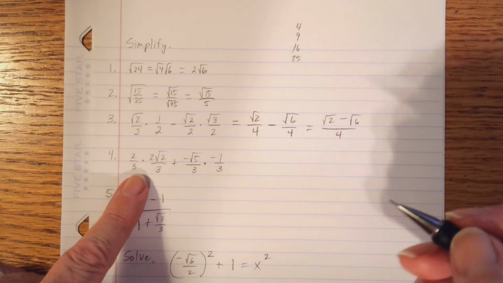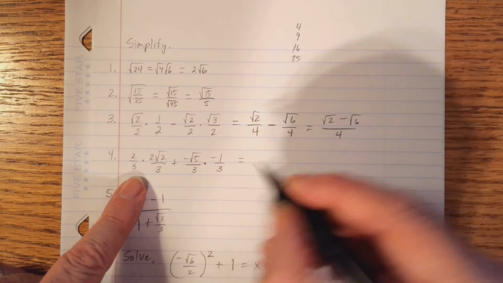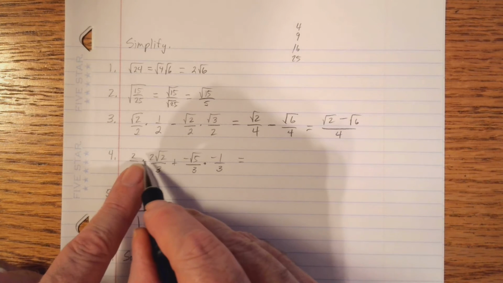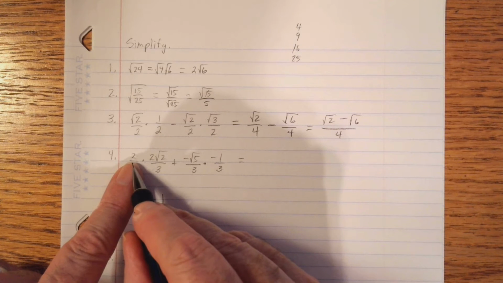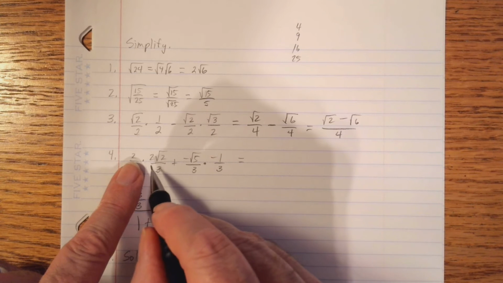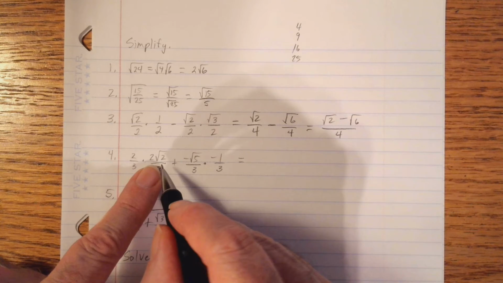Okay, on number 4, when we multiply here, be careful, this means 2 times the square root of 2. When we multiply that by 2, we want 2 of these guys. This is 2 square roots of 2. If you multiply by 2, you're going to get 4 square roots of 2.